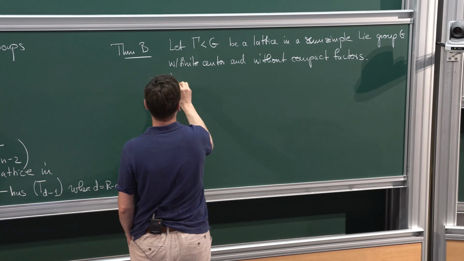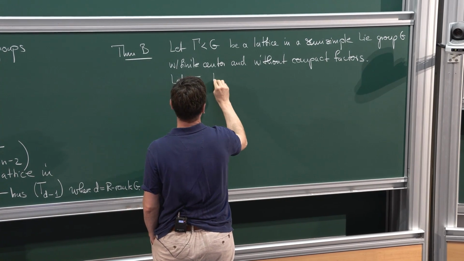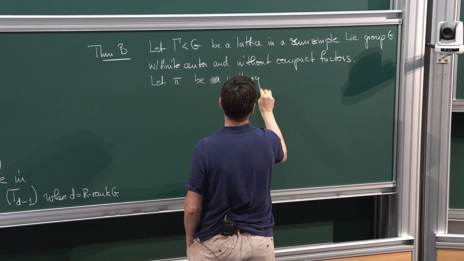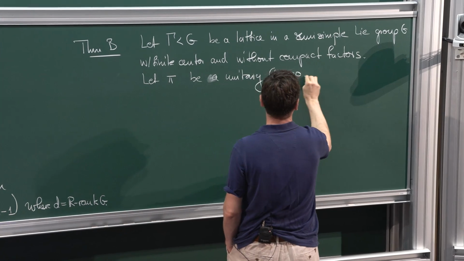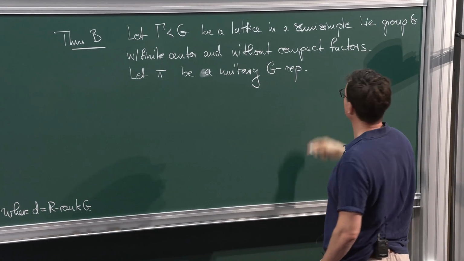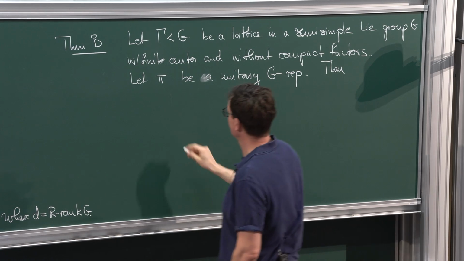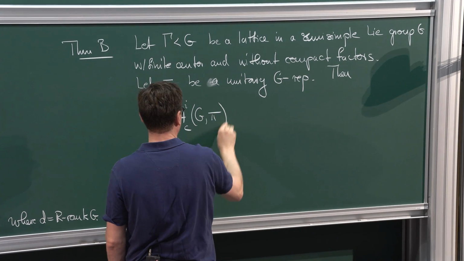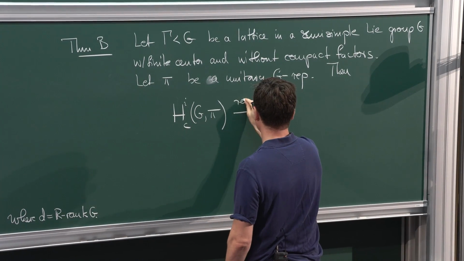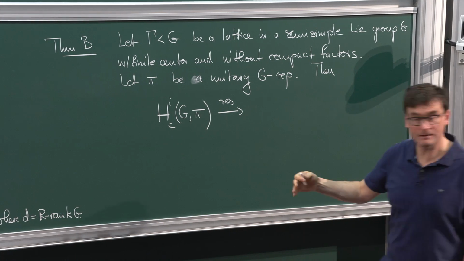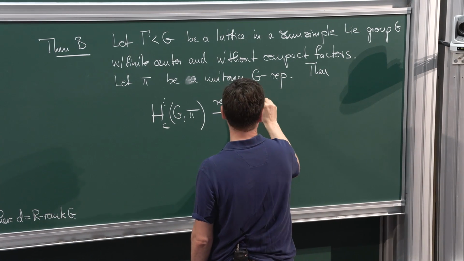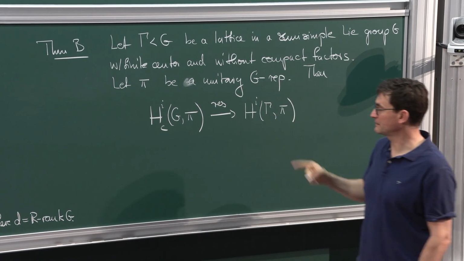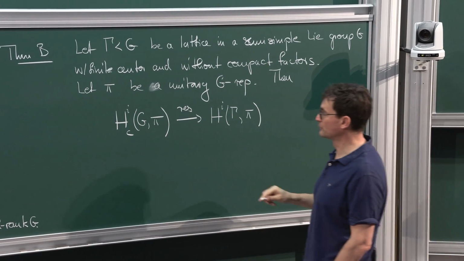And let pi be a unitary G representation. Then what you can say is that the restriction map from the continuous cohomology of G with pi coefficients, so just restrict cocycles to gamma, and you get a map to the gamma cohomology with coefficients in pi, which is a gamma unitary representation, and this is an isomorphism below the rank.